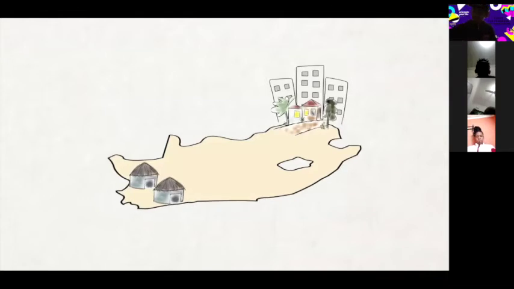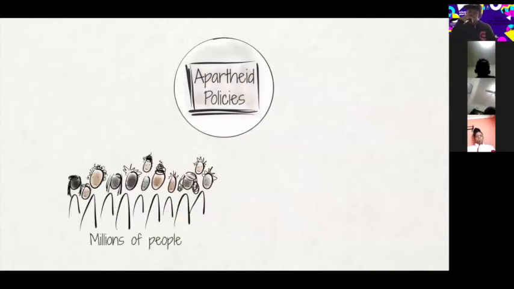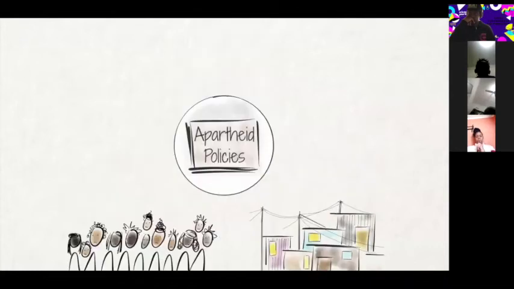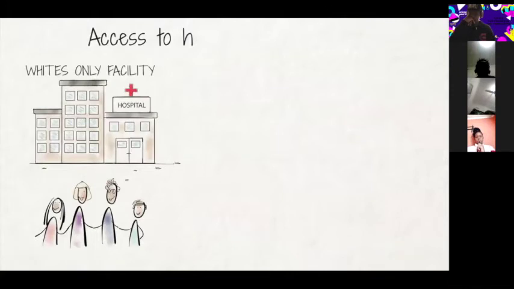People of color that arrived from the rural areas to find work were never allowed to settle close to the cities. Apartheid policies are one of the reasons why today millions of people still live in inadequate housing or are homeless. White people also had much better access to healthcare services.